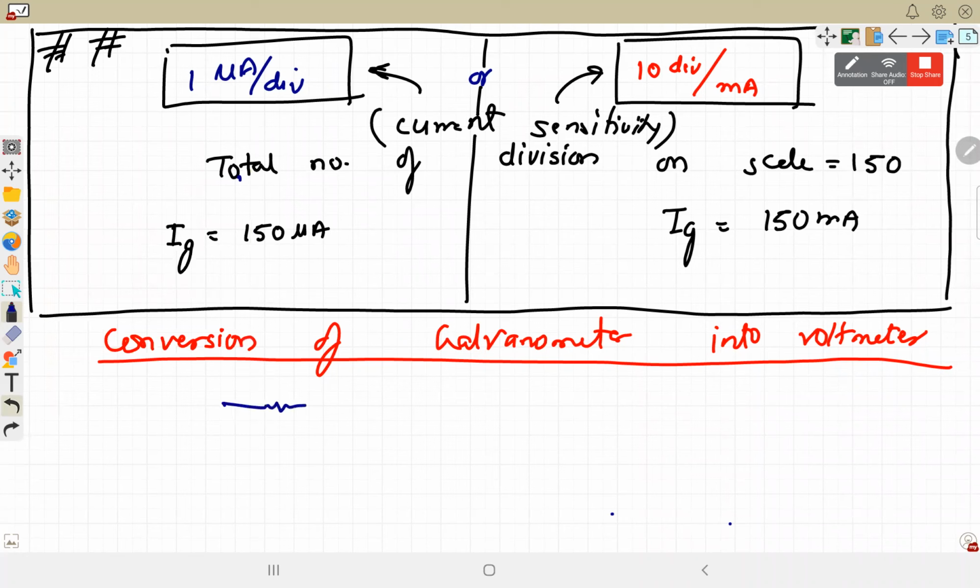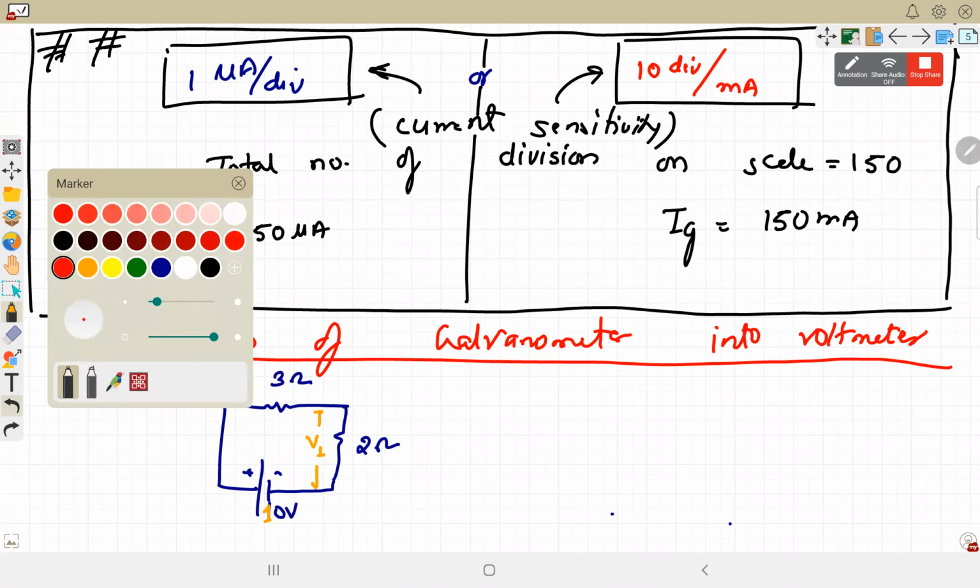So let's take this same example: 3 ohm, 2 ohm, and a 10 volt battery. We are measuring the voltage across the 2 ohm. Let's first calculate it, then we will use the galvanometer to measure this voltage.